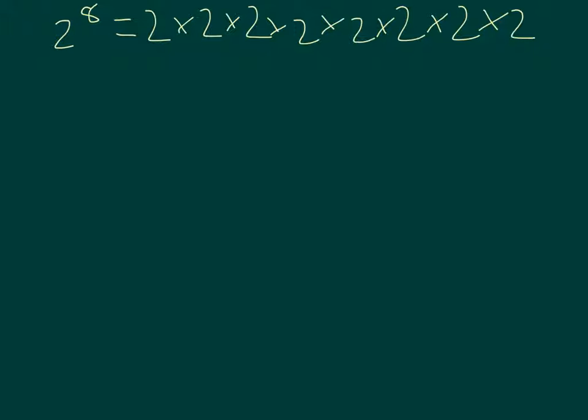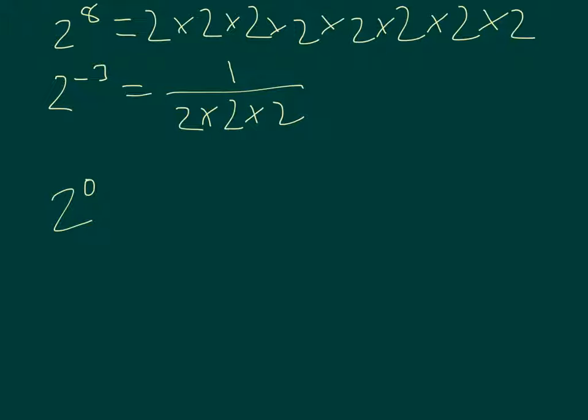So far we've made sense of positive indices. 2 to the power 8 means 8 2's multiplied together. And using our laws of indices we found that 2 to the power minus 3 would equal 1 divided by 2 cubed, like that. So we can make sense of any negative number now. 2 to the power 0, using our law of indices, remember when you divide you subtract, so it must equal 2 to the power 5 divided by 2 to the power 5.